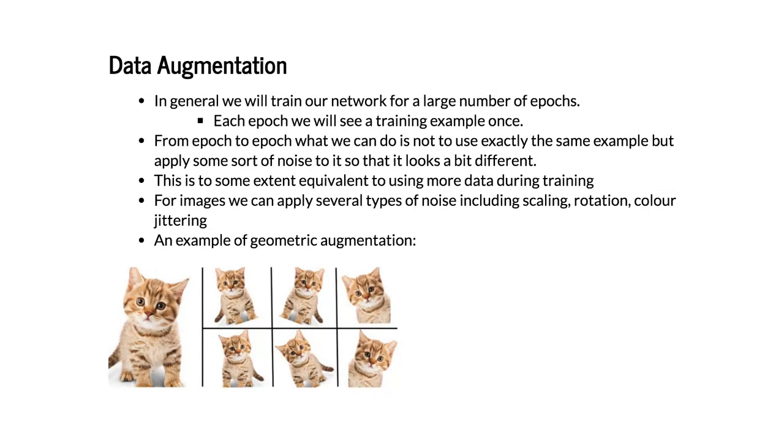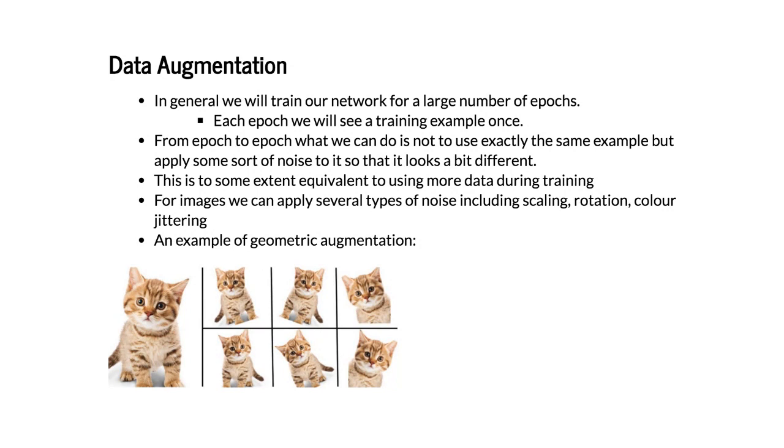In our Fashion MNIST data set, we have around 60,000 images. So for a training epoch, we will see all 60,000 training images, or 50,000, something like that. In the first epoch, we will go through all training examples. In the second epoch, we'll go through all training examples again. That means that from epoch to epoch, we will see exactly the same example, okay?